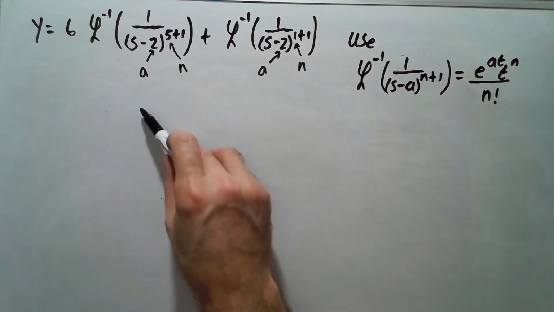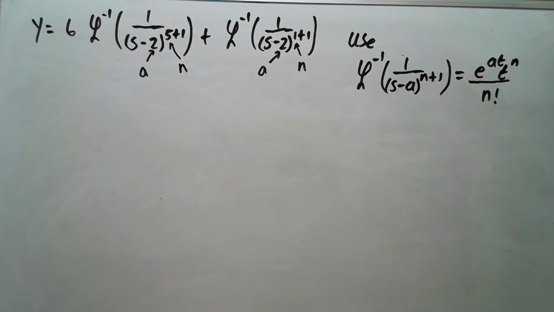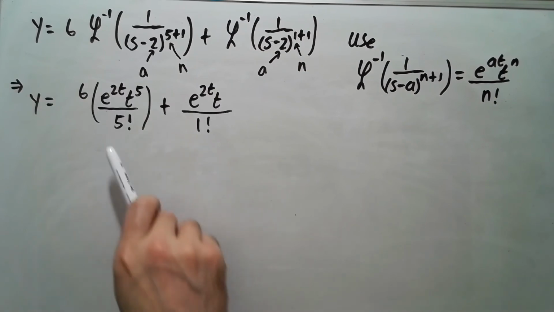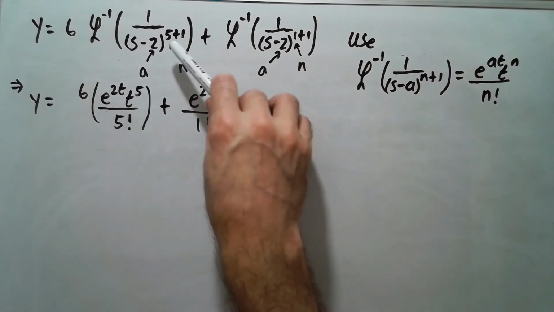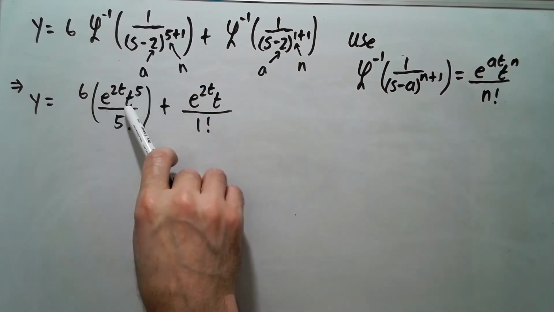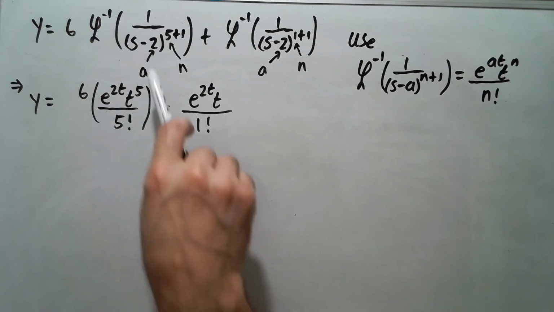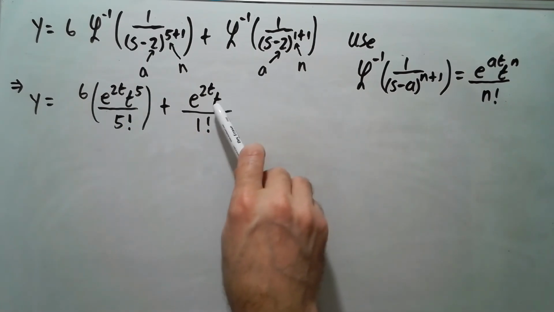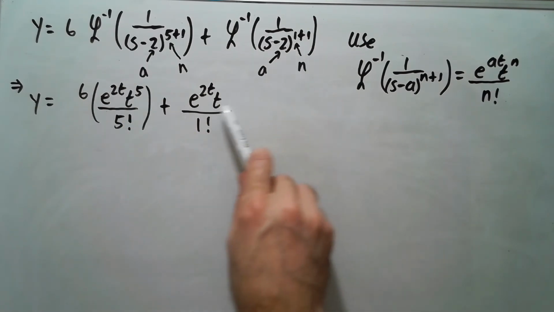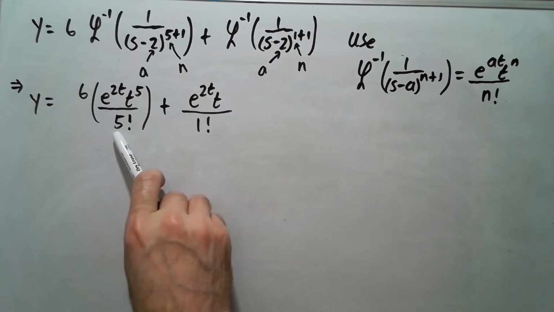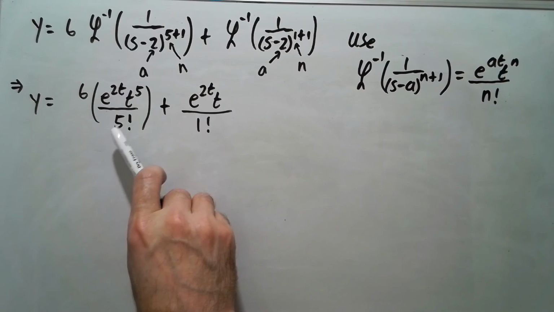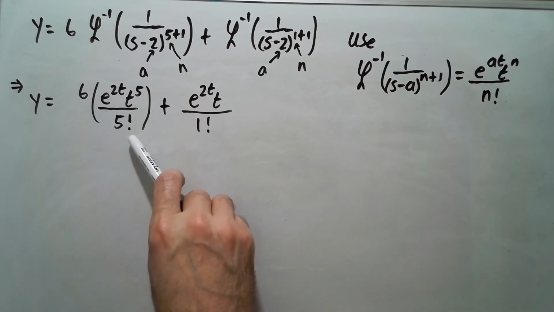So let me write the answers here. Using this formula, a is 2, n is 5, so it'll be e to the 2t, t to the 5 over 5 factorial for that one. And a is 2 again, n is 1 here, so it'll be e to the 2t, t over 1 factorial. 1 factorial is 1. 5 factorial is 5 times 4 times 3 times 2 times 1.